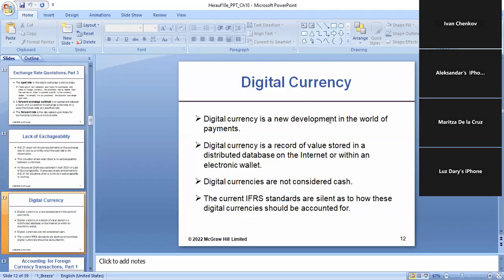Now, the current International Financial Reporting Standards are silent on how those digital currencies should be accounted for. Is it going to be accounted as an investment? Is it going to be accounted as something else? What exactly is it going to be? International Financial Reporting Standard is silent. They don't say anything.